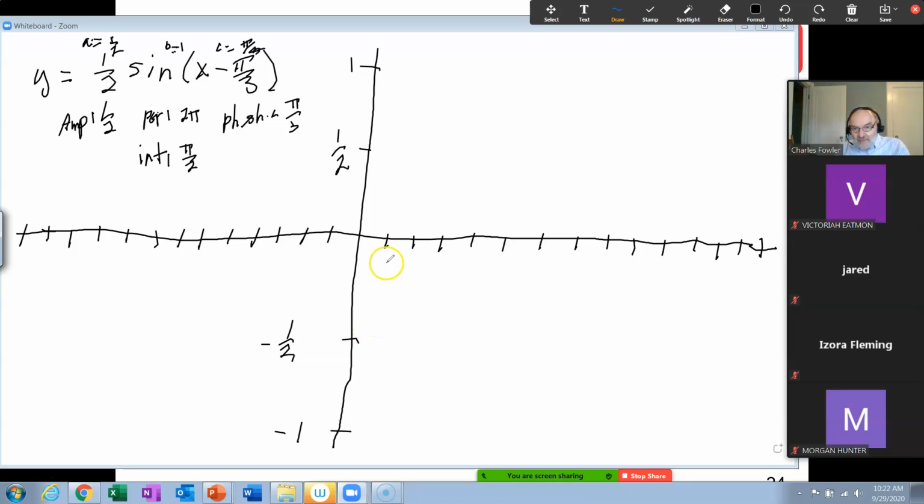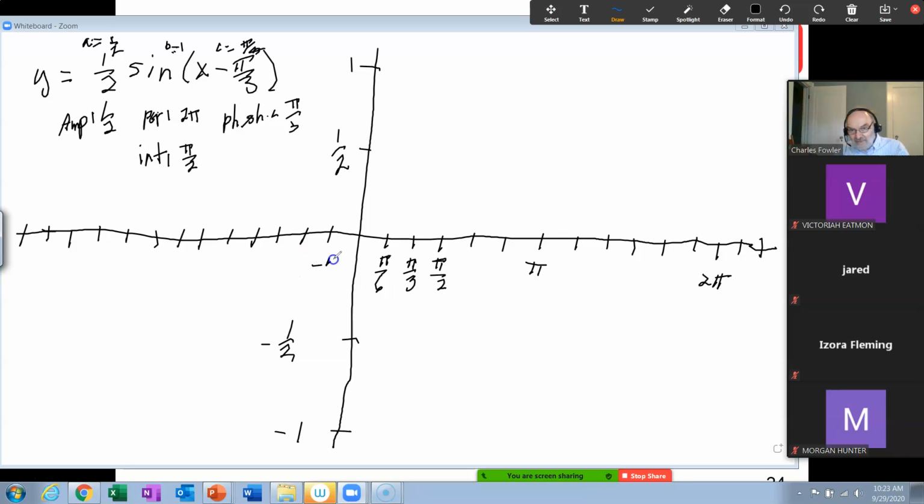So this will be pi sixths, this will be pi thirds, this will be pi halves, 1 sixth, 2 sixths, 3, 4, 5, 6 sixths. This will be pi. 1, 2, 3, 4, 5, 6. This will be 2 pi. Remember, each of those ticks is a sixth of pi.